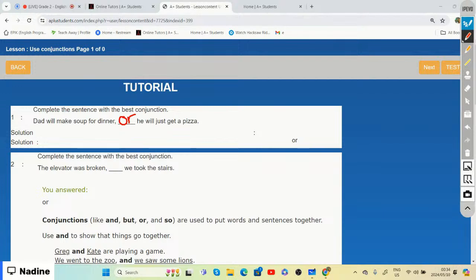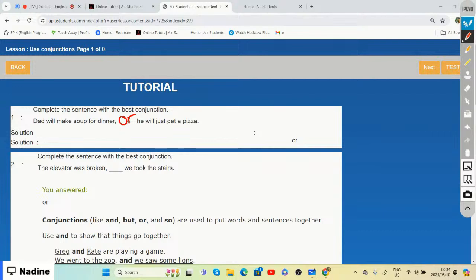So it's not or. Remember, or is a choice. It's like saying, I will take the elevator or I will take the stairs. That is when we use the word or. But here it says the elevator was broken. It means that you didn't have a choice but to take the stairs. So what is the conjunction that we're going to use? It's not or, because or shows a choice.